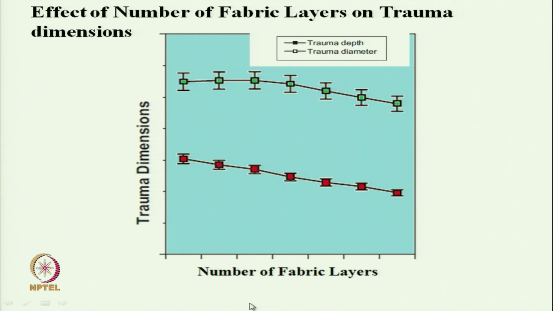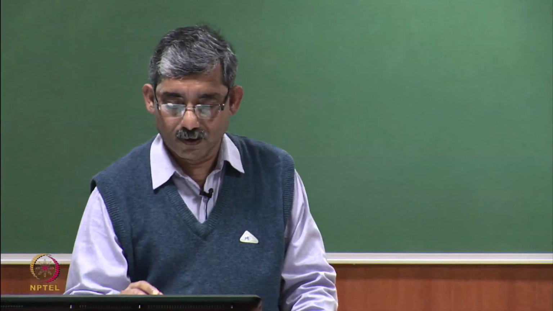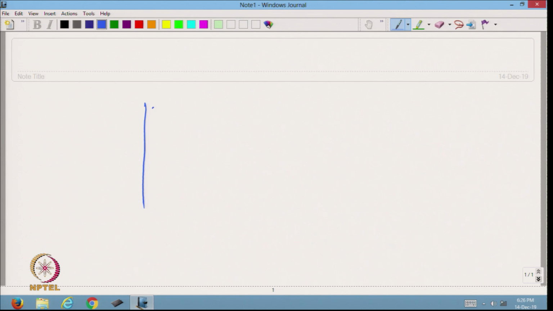This picture also shows the effect of number of layers on trauma dimension. As I was mentioning, the trauma is actually expressed in terms of depth and diameter of trauma. So, back face trauma. Now, this is the fabric from this side. Now, the bullet is actually striking.